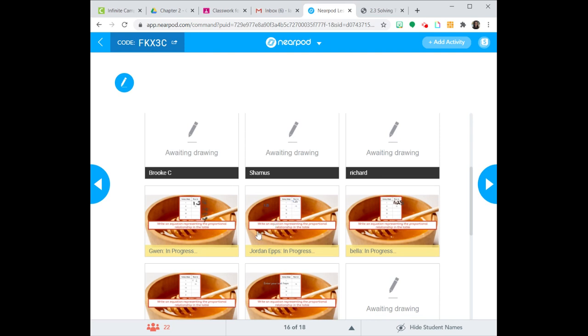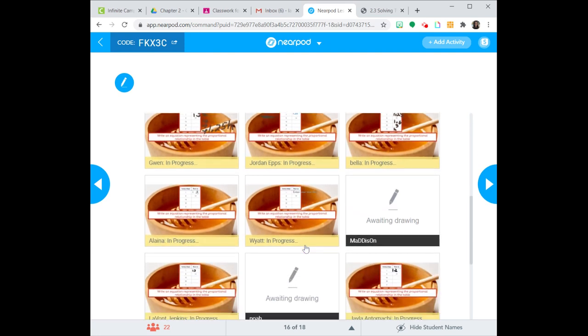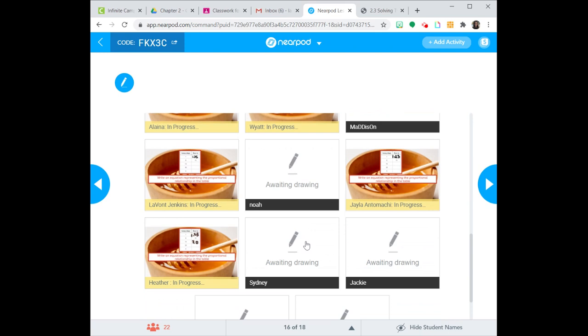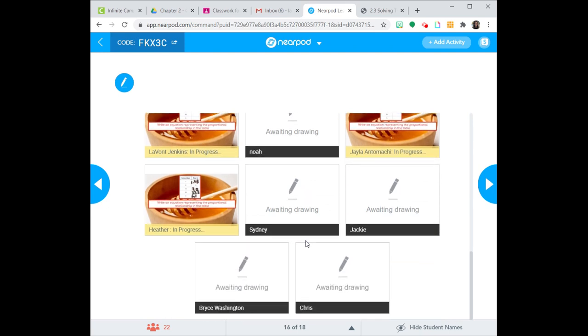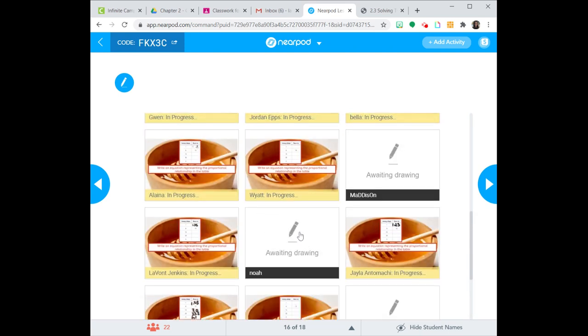So fill in that table, but then also answer that question underneath. Write an equation representing the proportional relationship in the table. So we went from filling out the table to writing the rule. Now we're taking that rule and making it into the equation.